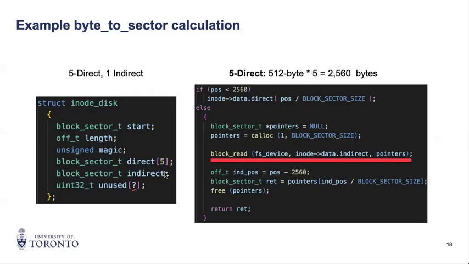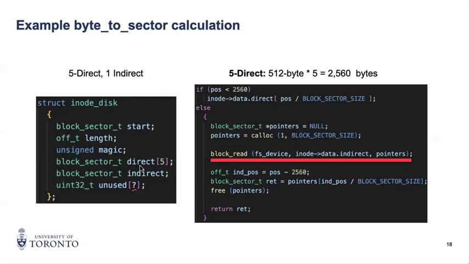Indirect here should store a sector value, which you should have initialized in inode create. So pointers, after the read, should have the same block sector content as in the file system disk.